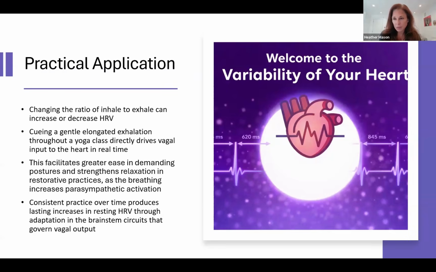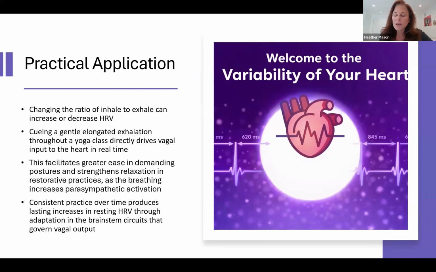You can also cue the elongation of the exhalation during relaxing poses to enhance their relaxation, including things like restorative practices. And this will allow, therefore, during these time frames for heart rate variability to increase.